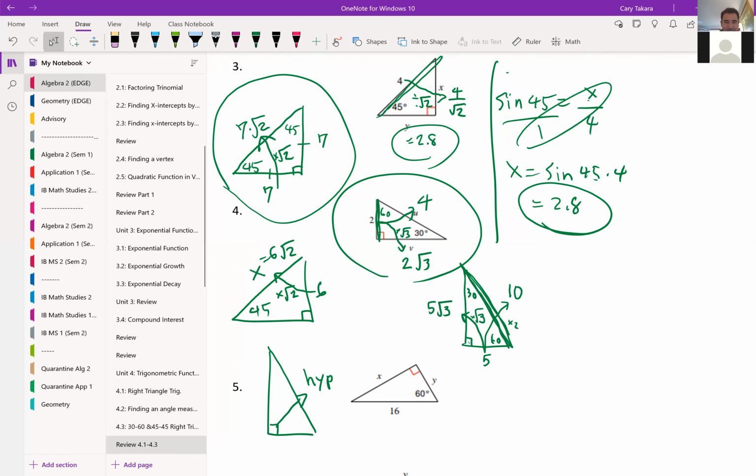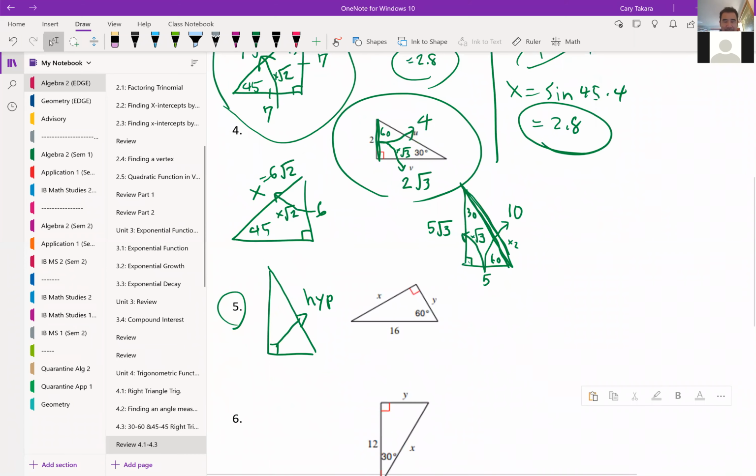So for example, for the last question, number 5, this is the hypotenuse, right? Because it's the opposite side from 90 degrees. You want to find y first. How do you get back to y? So you have to divide by something, right? What do you divide by?